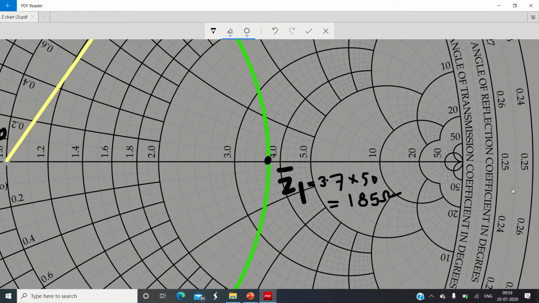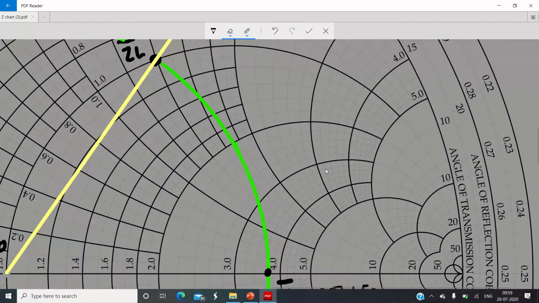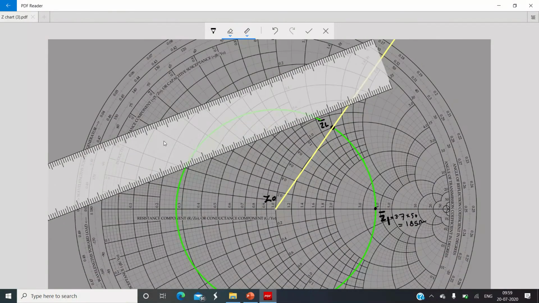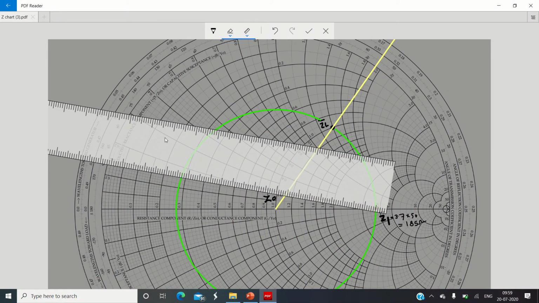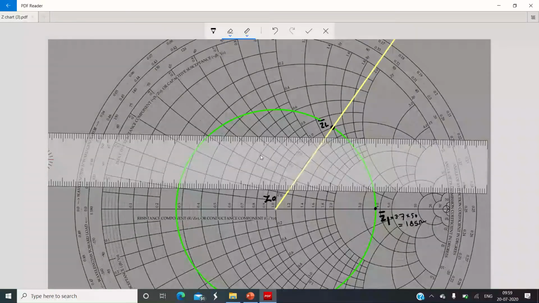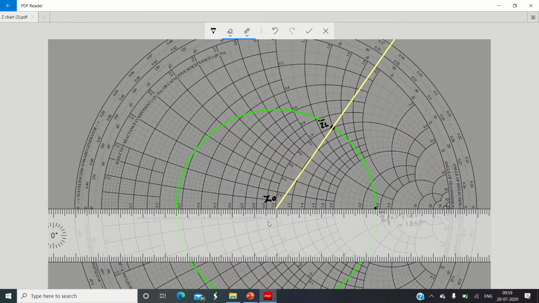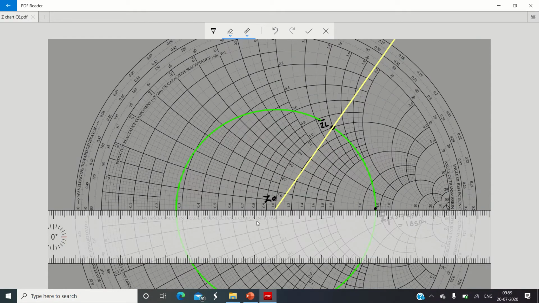So I will put a marking over here. I will take a scale again. Take your scale, make it horizontal, and bring it on the real axis. And from the Z1 point, you draw a line horizontally.